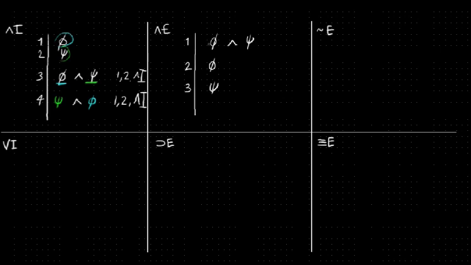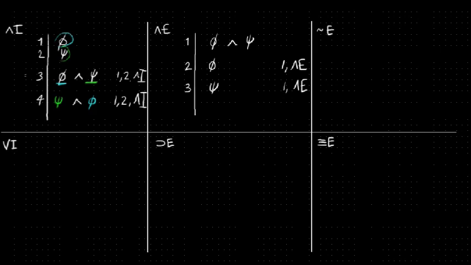So here we've got a conjunction statement that links the formula phi with the formula psi, and because we've got that, this is stating both of those are true in conjunction. Well, we can infer from that that phi is true, and we'll just cite line 1 and our conjunction elimination rule, and also that psi is true, and they're true in isolation of one another if they're true in conjunction.